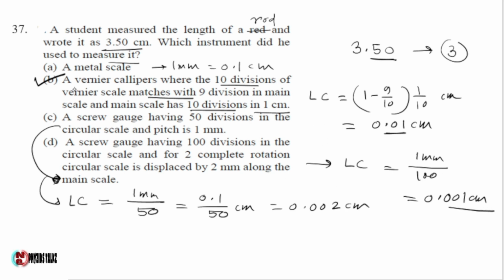So the correct instrument is vernier calipers with least count 0.01 centimeter, which measures up to 2 digits after the point.